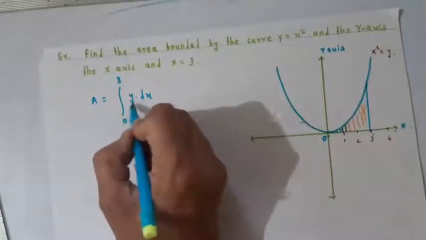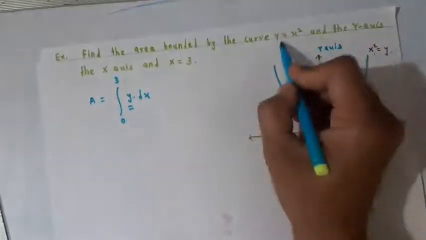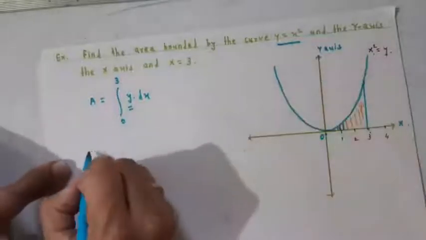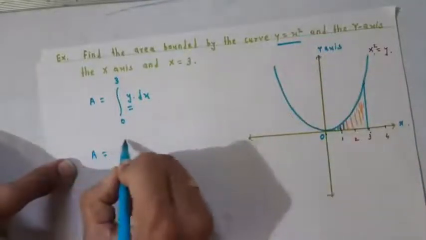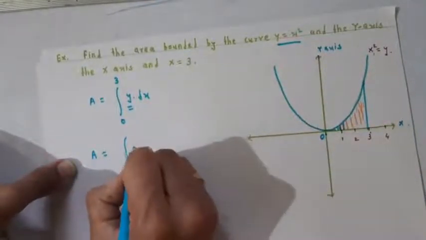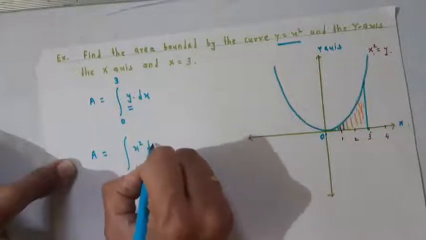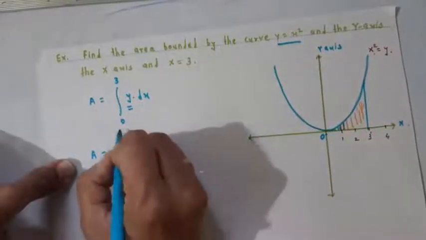And what is the y function? y equal to x square. Therefore the area A equals the integral of x square with respect to x, limits 0 to 3.